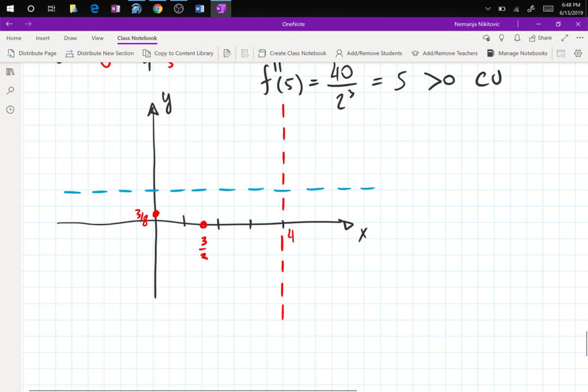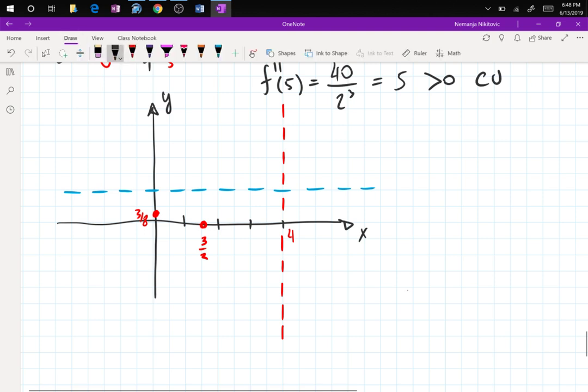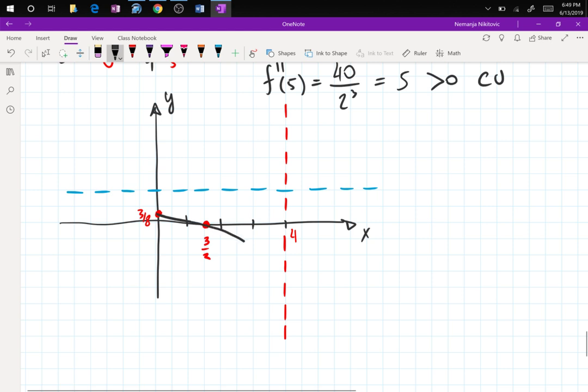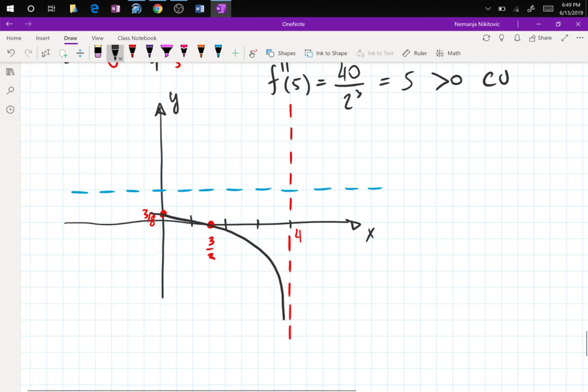Okay, so looking at these two red points, and knowing that the function has to follow asymptotes, there is only one way you can fit the line so that it satisfies all of these conditions, and that is you follow this asymptote, then run through these 2 points, and follow the red asymptote.